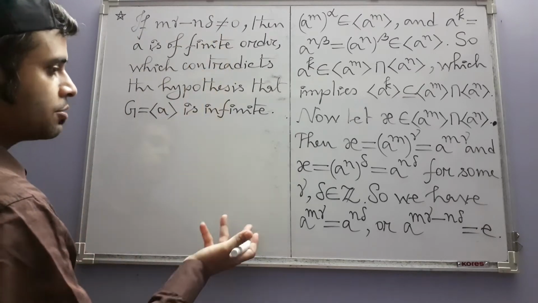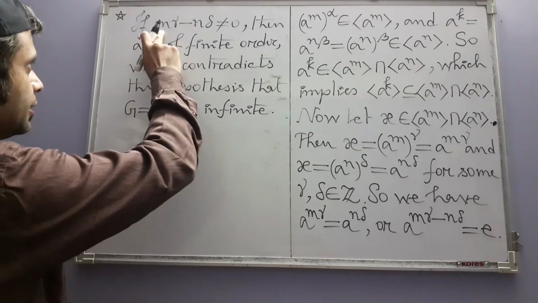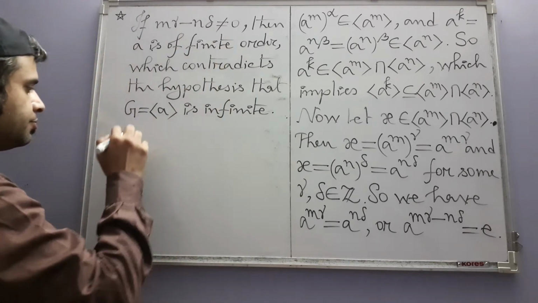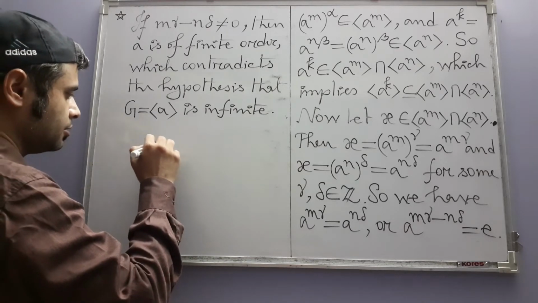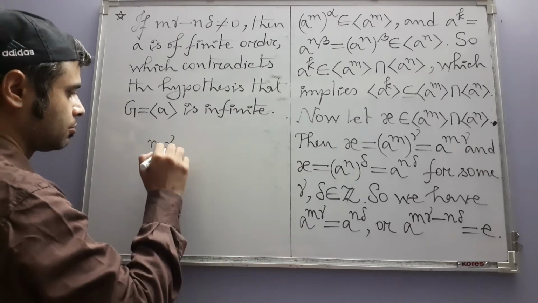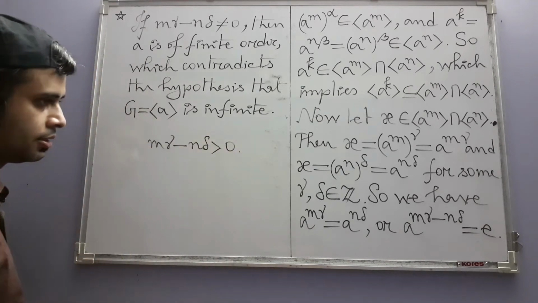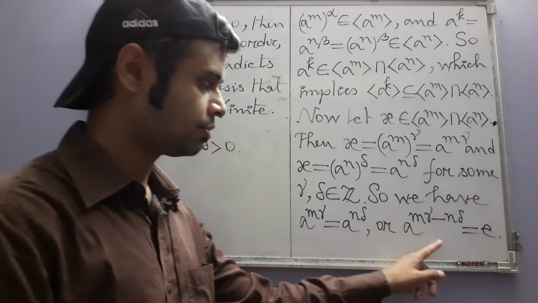Being non-zero means what? That it is either a positive integer or a negative integer. Say this is a positive integer. Then what does this equation tell us?